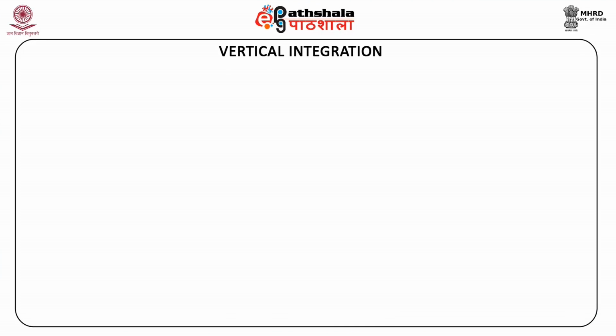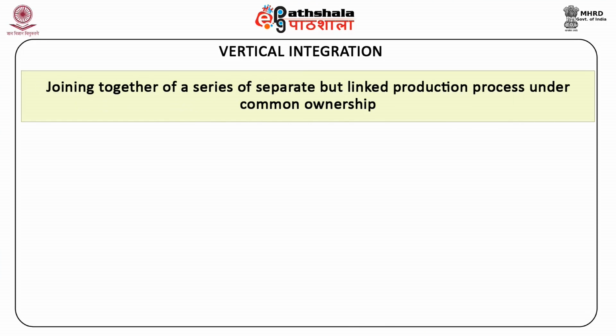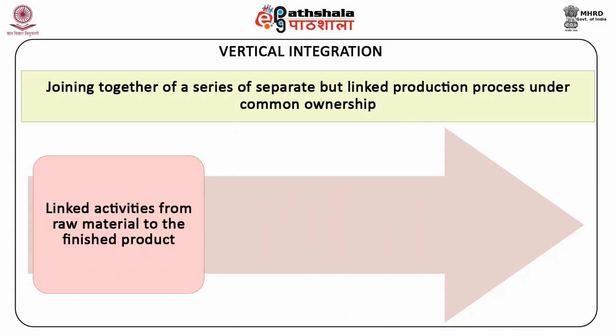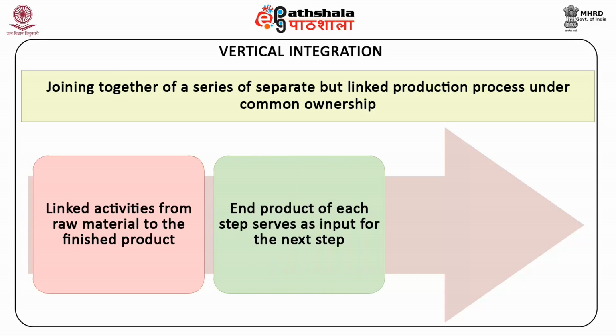Vertical integration refers to joining together of a series of separate but linked production processes under common ownership. This strategy is used by the firms to alter both the boundary as well as the size of the firm. Production of goods involves a series of linked activities from raw materials to the finished product. The end product of each step serves as the input for the next step.